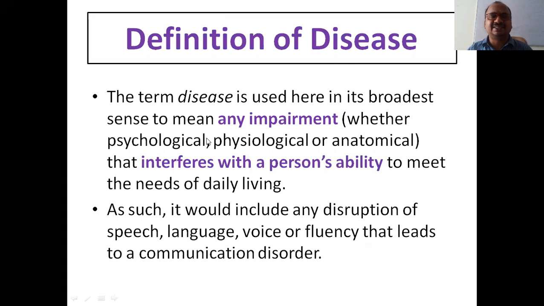Any impairment, either psychological, physiological, functional, or anatomical, like a hand, leg, or eyes being deficient, any type of impairment that interferes with the person's ability, then you can say it is a disease. The person's ability must be interfered with, then only you can say it is a disease.